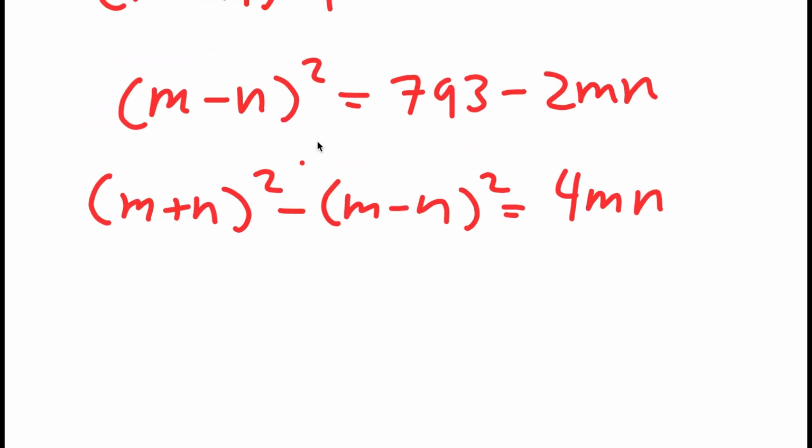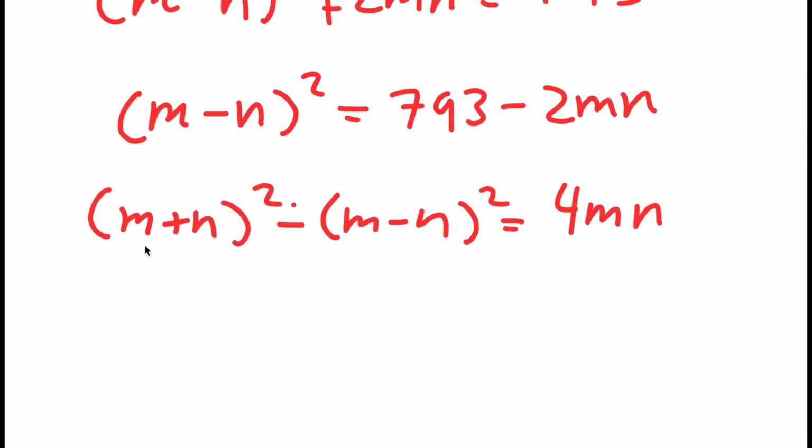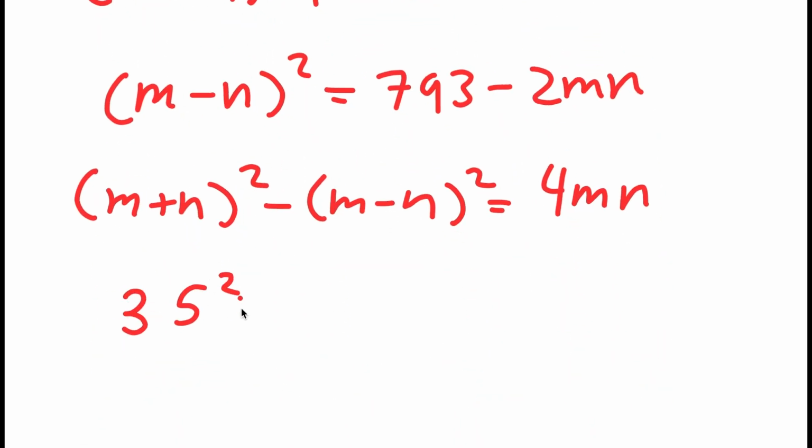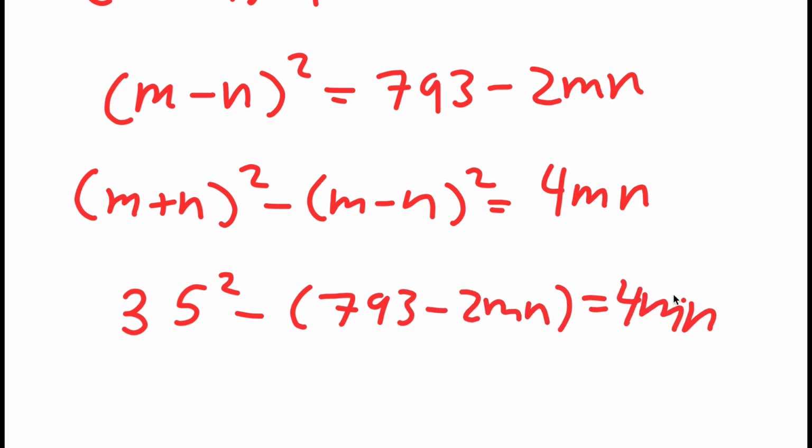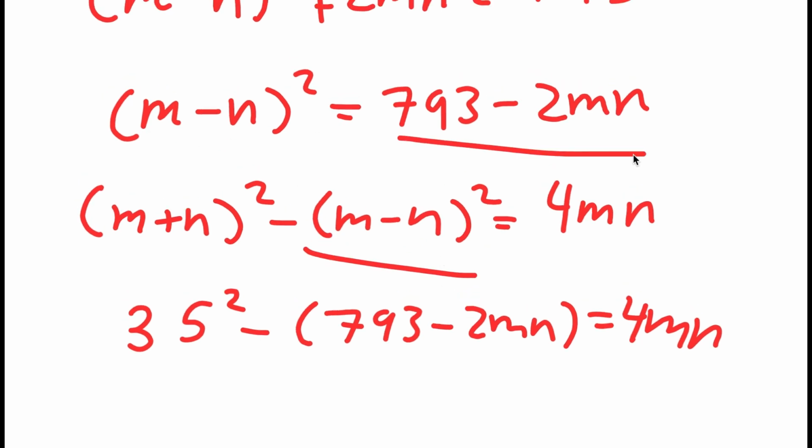Now, we can plug this back in. m plus n squared is equal to 35 squared. So I have 35 squared minus 793 minus 2mn is equal to 4mn, where m minus n squared is right here.